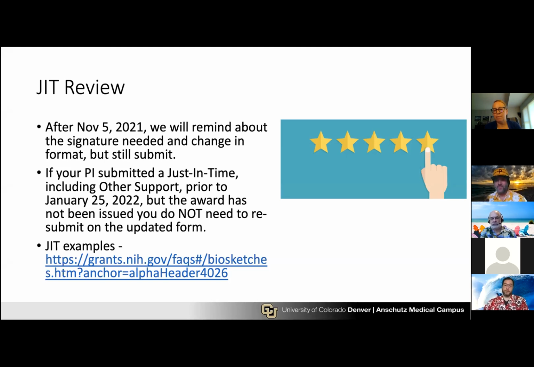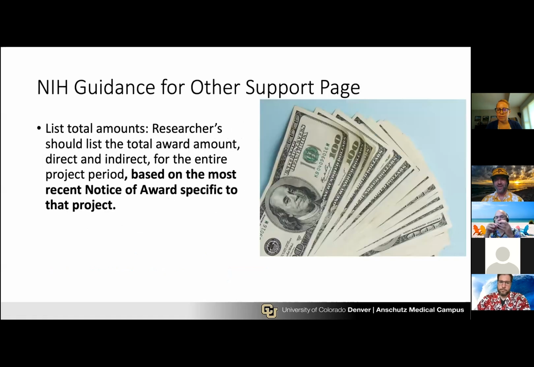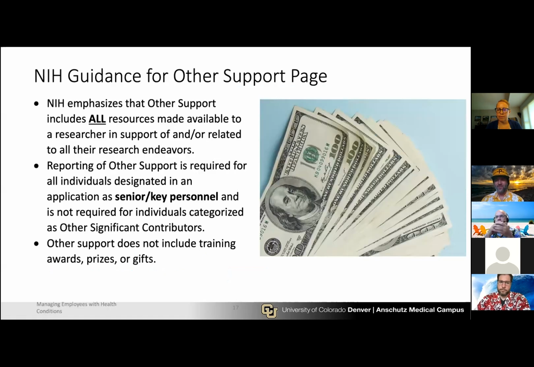I can answer that. Basically, I'll just give a historical answer. We used to review line by line, every single one, check the dates, the amounts, all that stuff. Now they want the amount of the segment and the entire amount, so direct costs and indirect costs. And it would involve us going into 2 or 3 different systems, which I'm not complaining about, but we're a little bit busy.